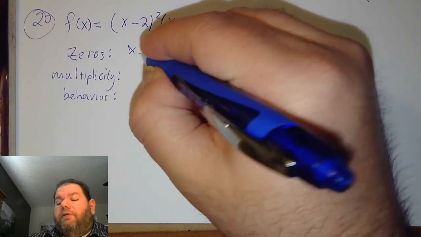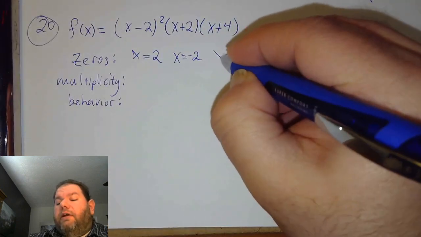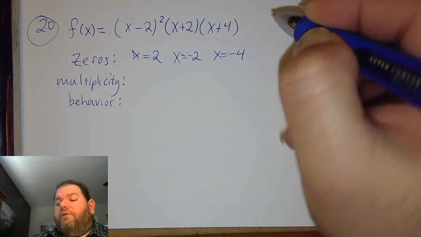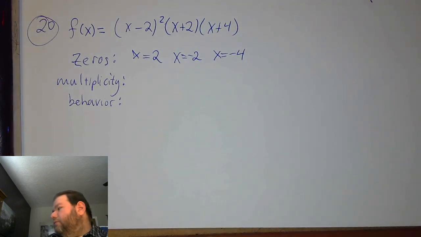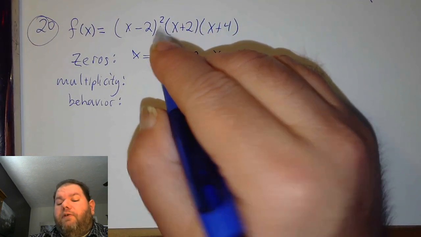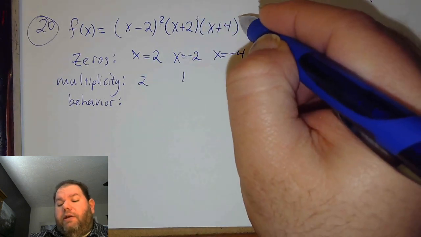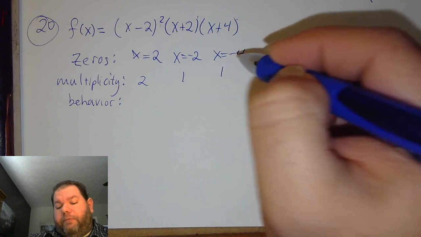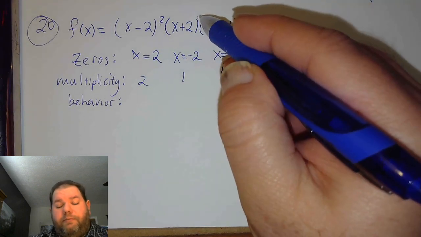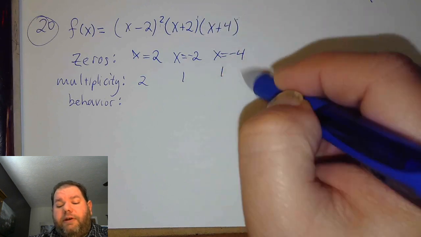Alright, for our zeros, we have x equals 2, x equals -2, and x equals -4. And we can see our multiplicity. We have an exponent of 2, an exponent of 1, and an exponent of 1. So we notice when there's no exponent listed, we just write it as a 1 in both cases.